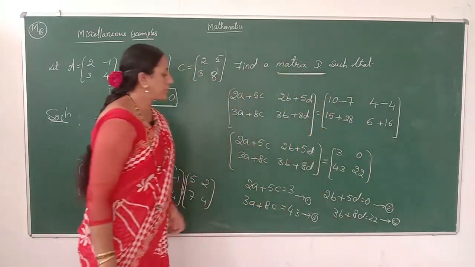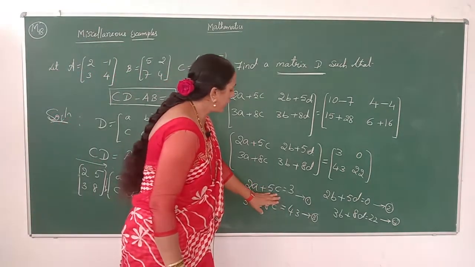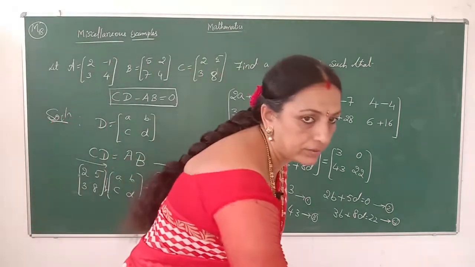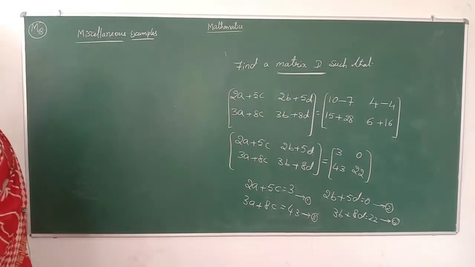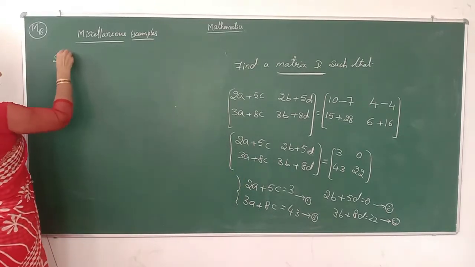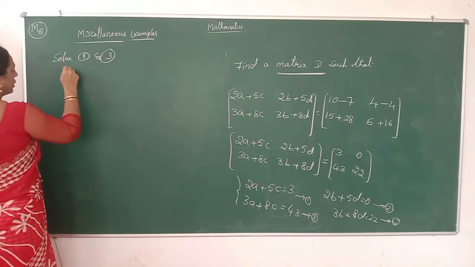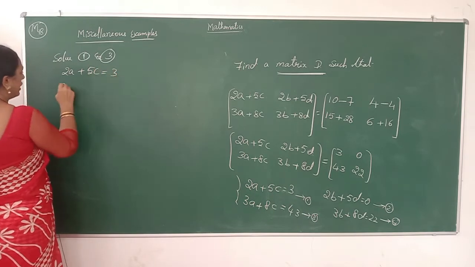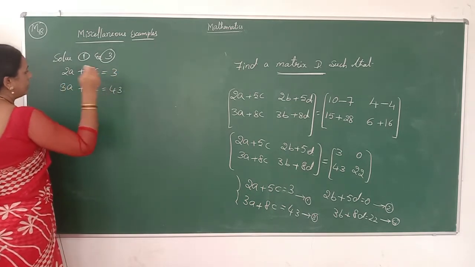Now these equations are called simultaneous equations. Therefore we solve these equations using their corresponding elements. Solving equations 1 and 3: 2A plus 5C is equal to 3, 3A plus 8C is equal to 43.